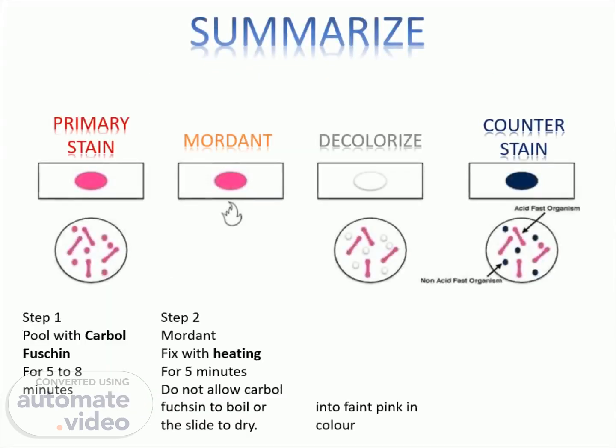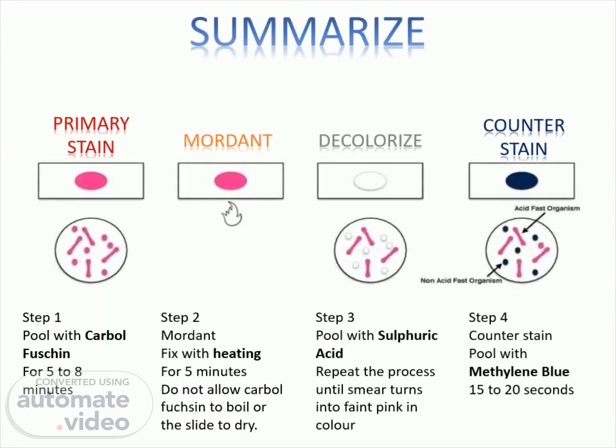Let's summarize. Step 1, primary stain: pool with carbol fuchsin for 5 to 8 minutes. Step 2, mordant: fix with heating for 5 minutes. Do not allow carbol fuchsin to boil or the slide to dry.